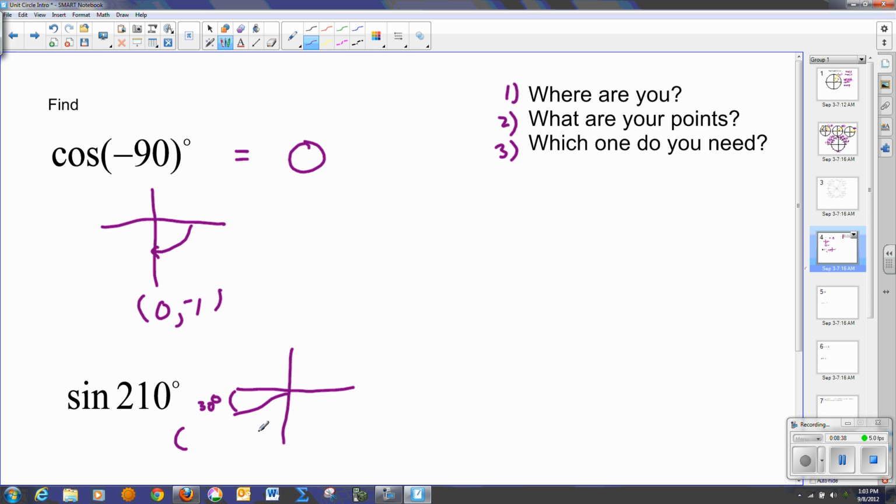I know my x and y values there are negative root 3 over 2 and negative half. Since I'm looking for sine, I need my y value. Therefore, the sine of 210 degrees is equal to negative half. Let's go to the next example.